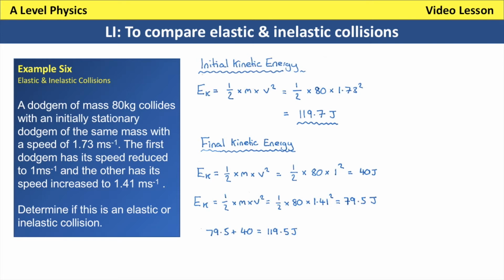So the total final kinetic energy is going to be 79.5 plus 40, which is 119.5 joules. Now, although those numbers are marginally different to each other, in terms of the amount of significant figures that we can be accurate to, they are the same, and so therefore this is an elastic collision because kinetic energy has been conserved.